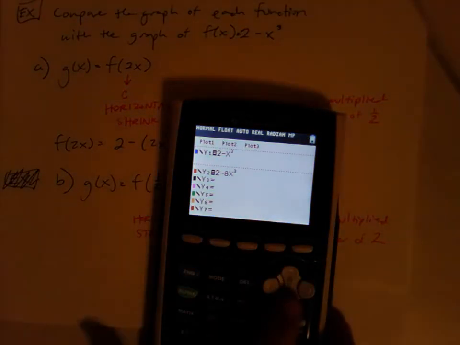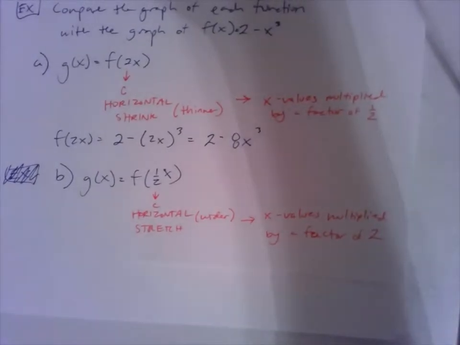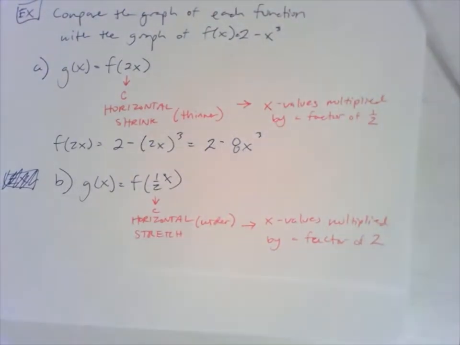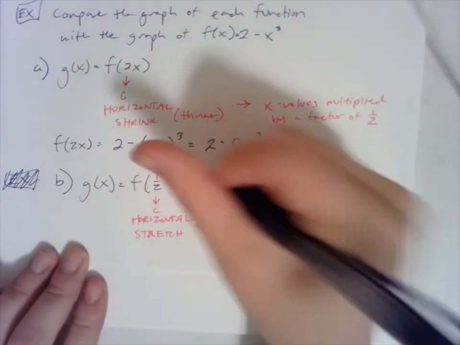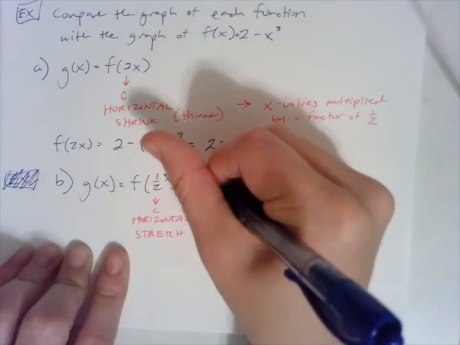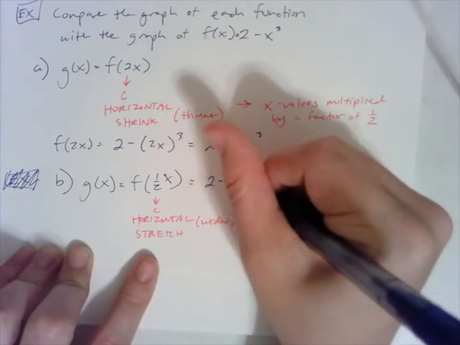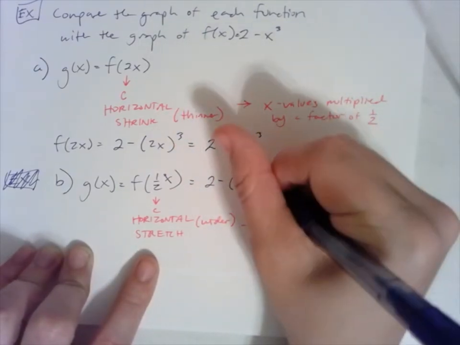But now, what we need to put in there, first we need to find it, so let's make sure we do that. What we need to put in there is our equation for g of x now. If we were to substitute in 1/2 for every x up here, we would get 2 minus 1/2 x cubed, or we'd get 2 minus 1/8 x cubed.